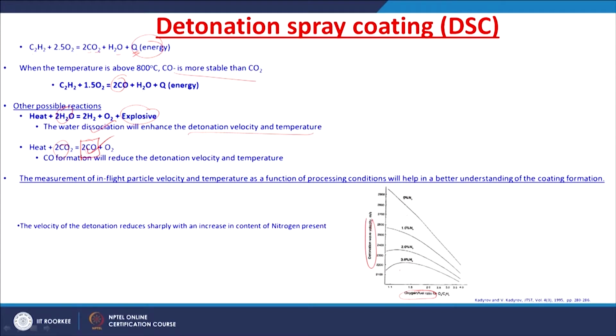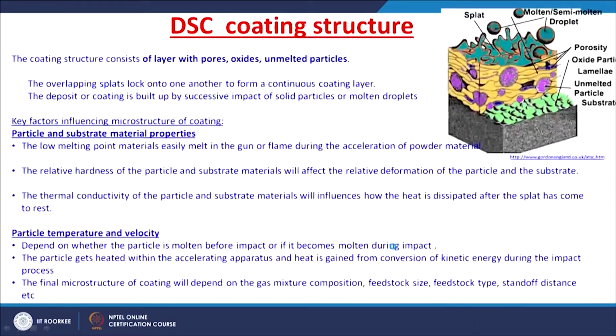So, it is 0, 1, 2, 3% nitrogen. As the content of nitrogen is increased, there is a sharp decrease in the detonation velocity. That means if you control the processing conditions, then you can have better control on the coating as well, right. So, let us see the coating structure.